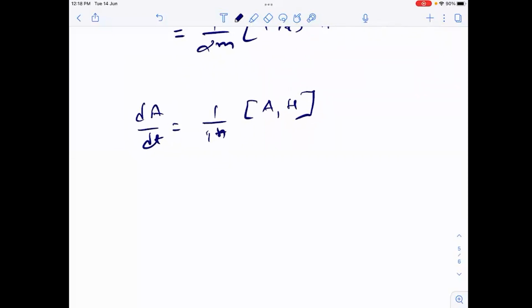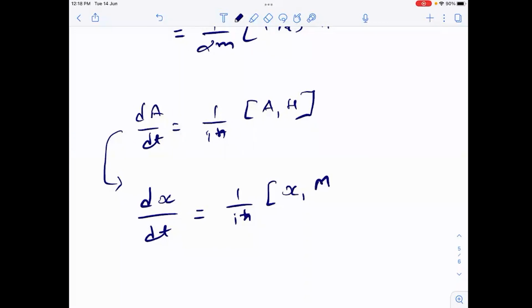So here we will use the same. First let's take X and the Hamiltonian H. Our dynamical variable X operator is what we are using. So dx by dt is equal to 1 upon i h cut times the commutator of X and H.